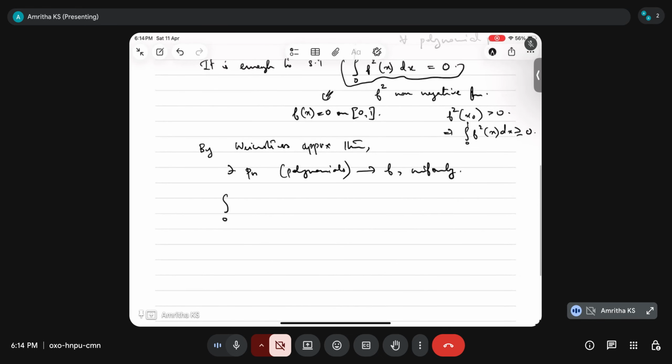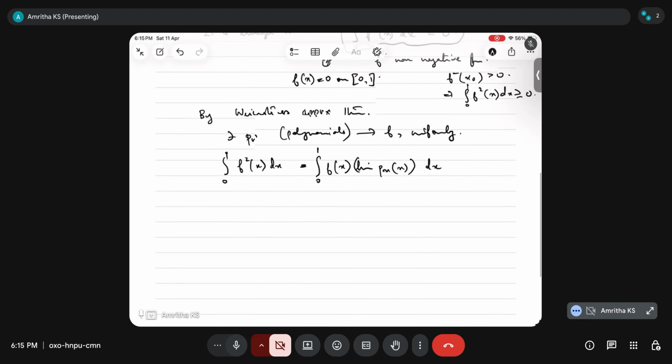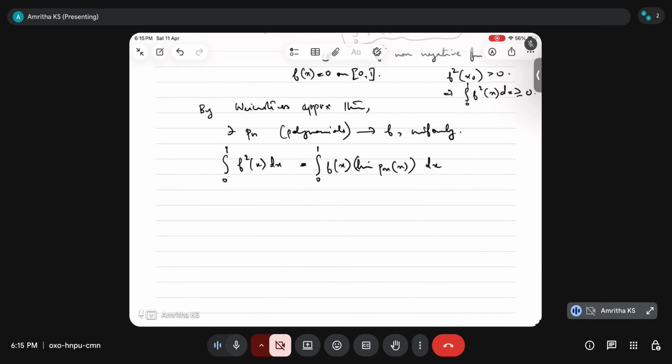So we can write the integral from 0 to 1 of f squared, replacing one f(x) by Pn(x), as the limit of the integral of f(x) Pn(x).